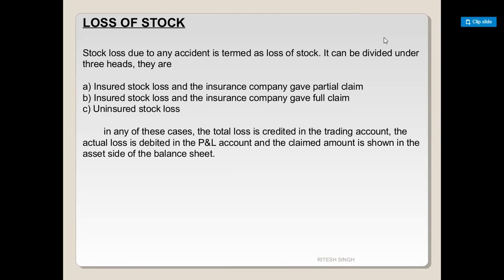In any of these cases, the total loss of stock is credited to trading account, and actual loss, that is a difference in amount, will be debited to profit and loss account. And any claim received should be shown in the asset side of balance sheet.